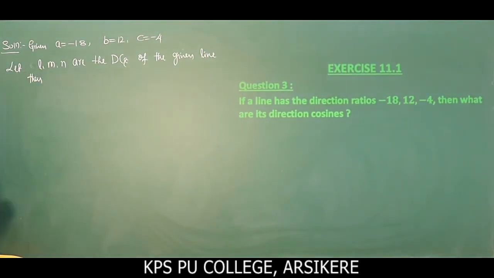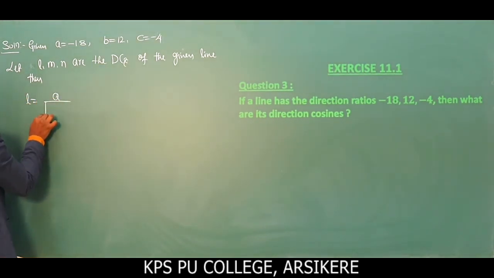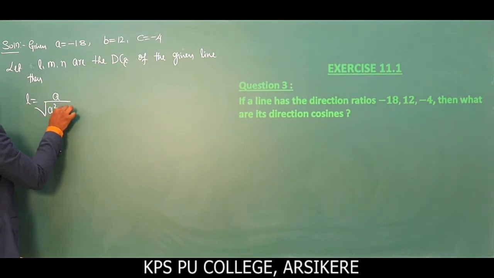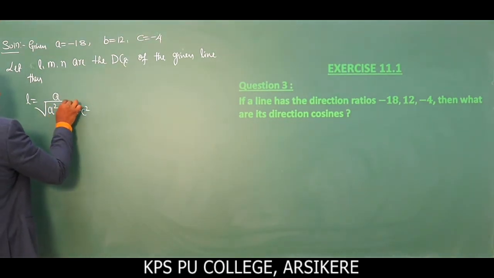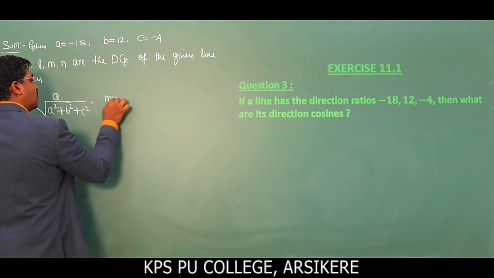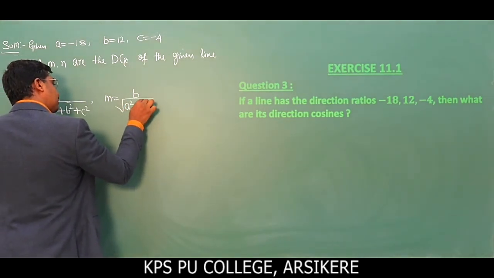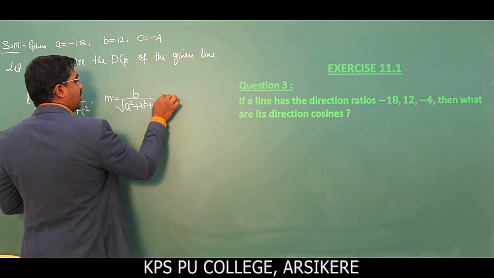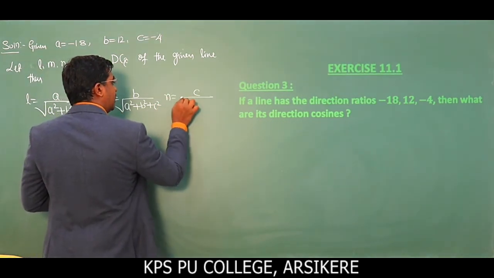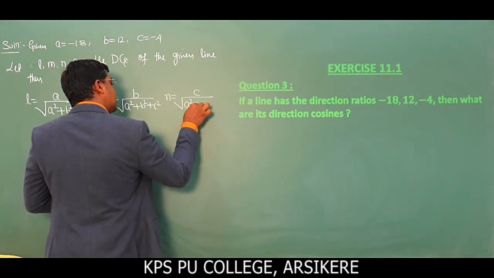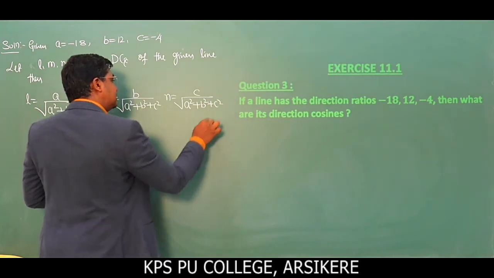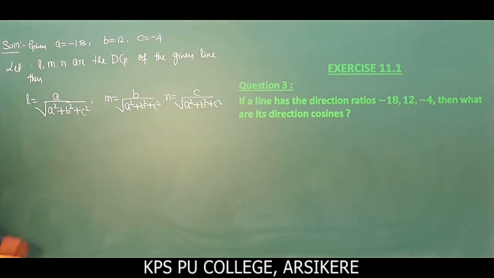Then that relationship. L is equal to A divided by root of A square plus B square plus C square, M is equal to B divided by root of A square plus B square plus C square, and N is equal to C divided by root of A square plus B square plus C square. Just substitute the values.